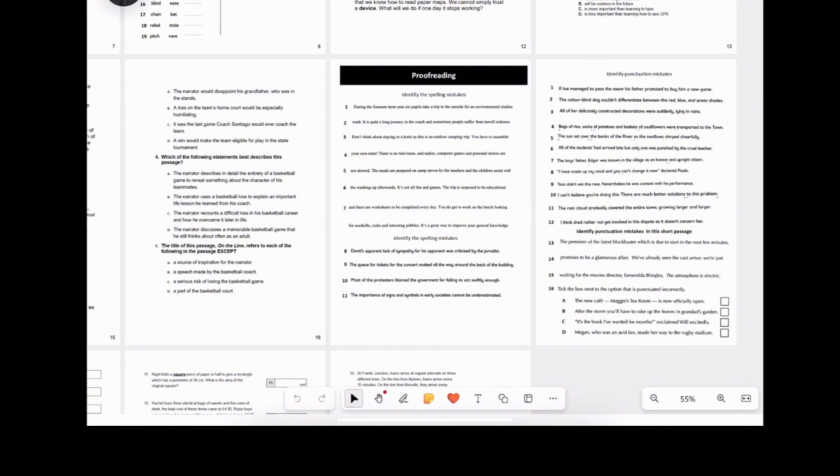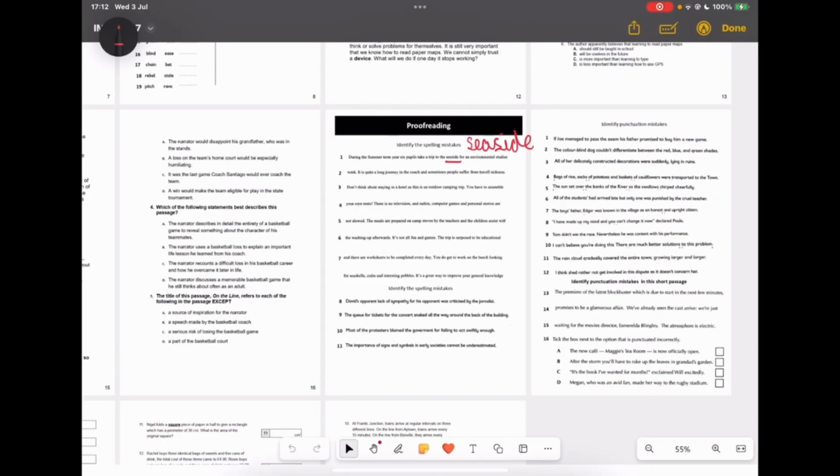So, during the summer term, Year 6 pupils take a trip to the seaside for an environmental studies week. Okay. Then, following this, it is quite a long journey in the coach, and sometimes people suffer from travel sickness. So travel should be spelled with one L. Travel. 3.